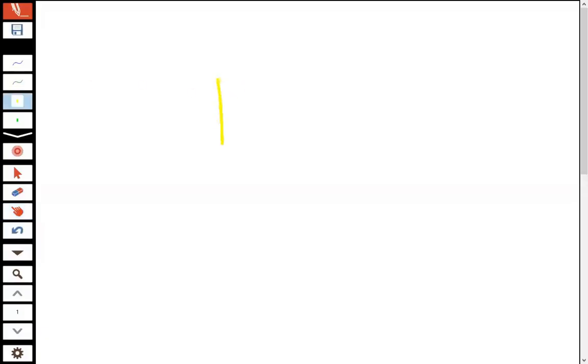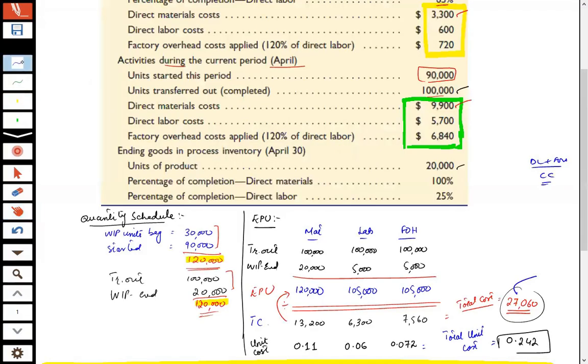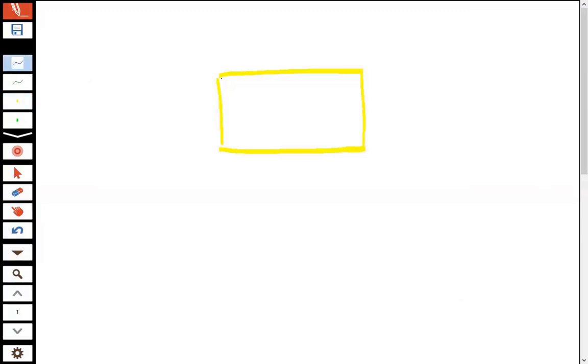Okay, let's suppose what we have done. This is the process. In this process, we had already 30,000 units in beginning.